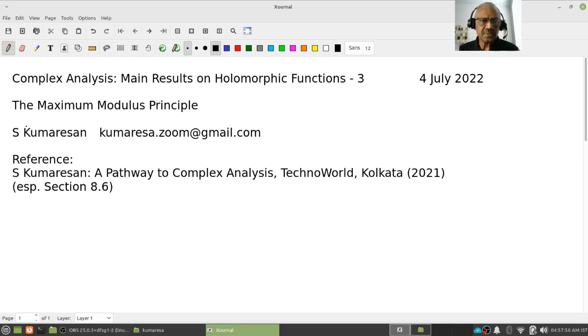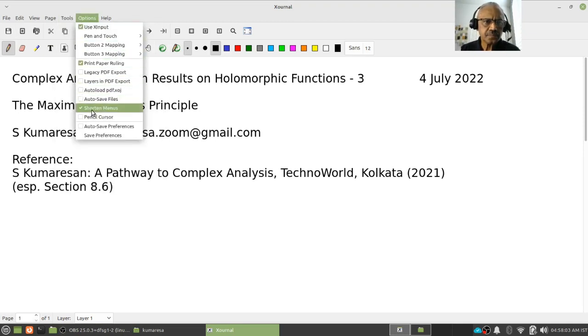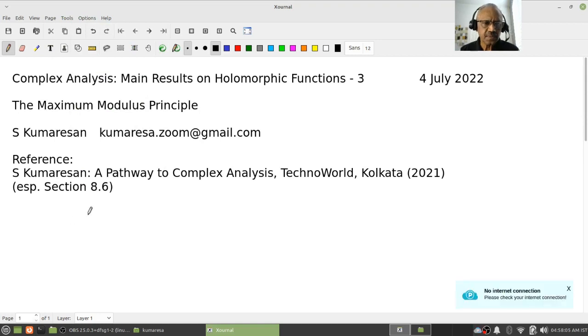So what does the theorem say? Suppose U is a connected open set.